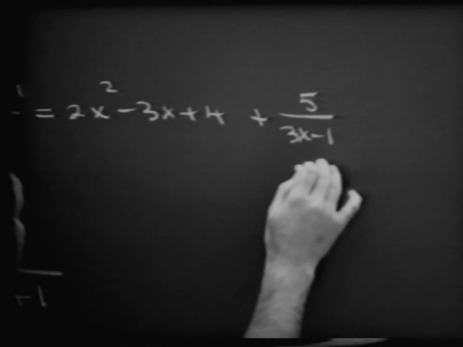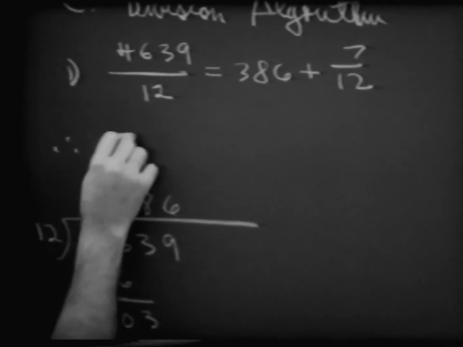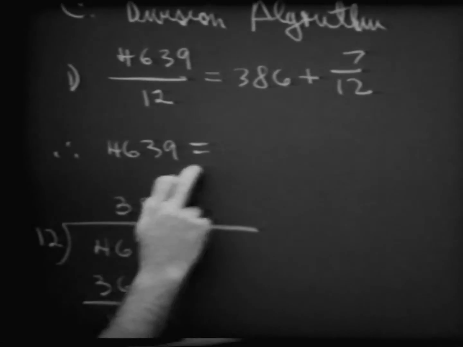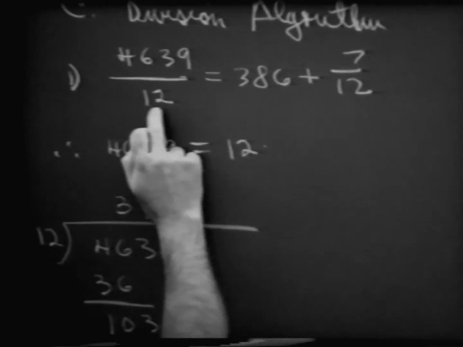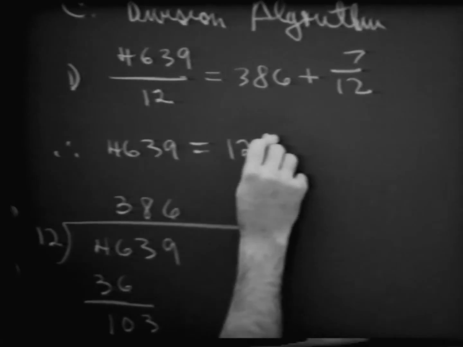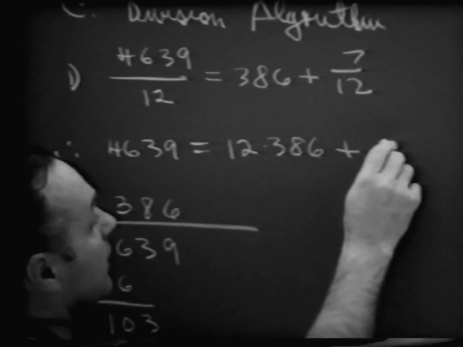Is that right? Now, let's continue with this. Looking at our numerical case, we may conclude that 4639 is equal to 12 times 386 plus a remainder of 7.